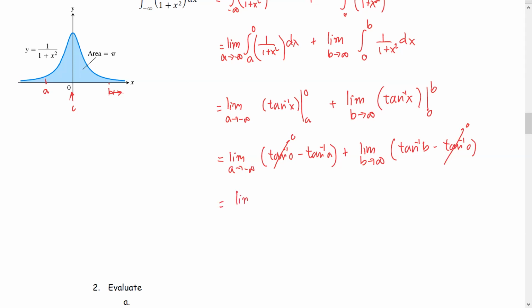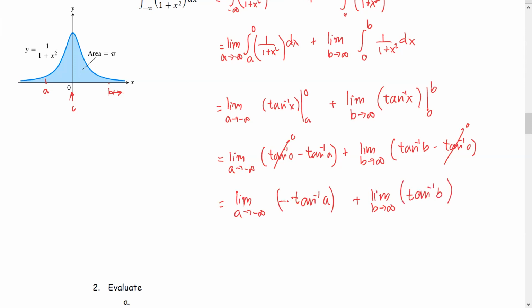So take the limit as a approaches negative infinity of negative inverse tangent of a, plus the limit as b approaches infinity of positive inverse tangent of b.